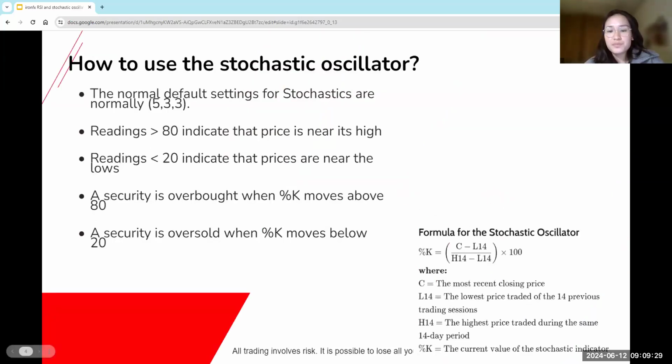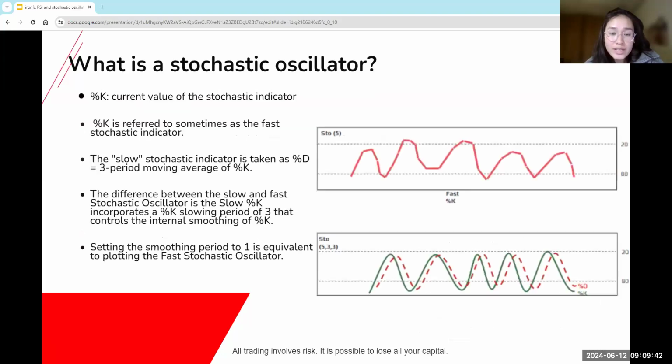So how exactly do you use the stochastic oscillator? Firstly, it consists of two lines that fluctuate between 0 and 100. The first line is called the K line, and it represents the current closing price of the instrument in relation to the high and low prices of a given period.